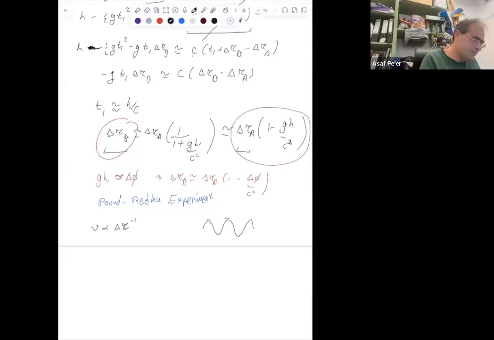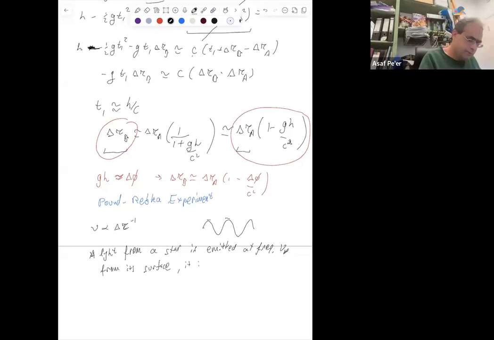Then if light from a star is emitted at frequency nu star from its surface, it is observed at a different frequency.